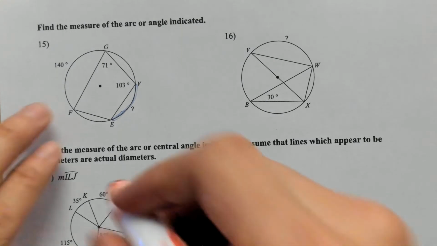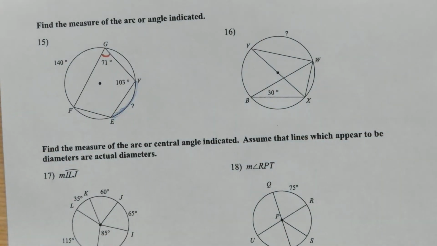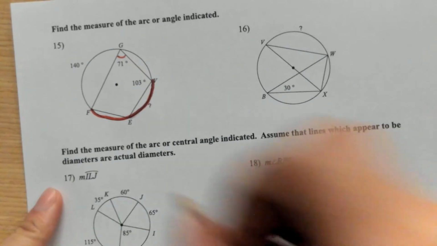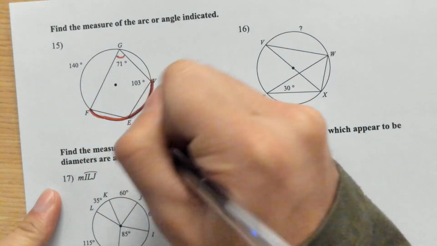Now here's the thing, we know this angle right there, this is an inscribed angle, so I know the arc because I already know the angle. So this red arc measures twice the angle. That'll be 142 degrees.